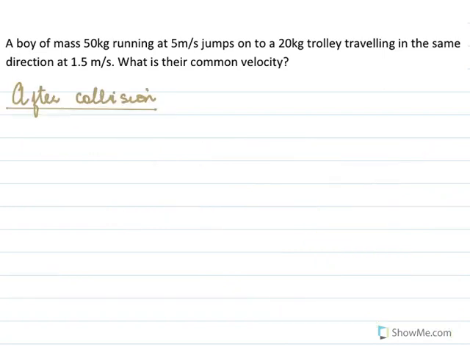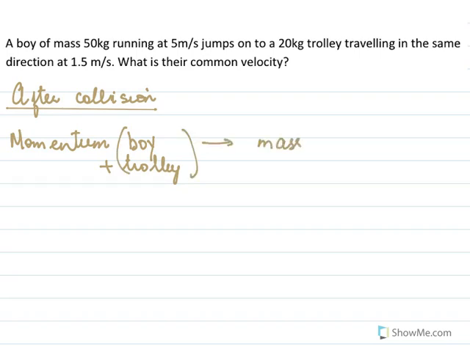Now to calculate momentum after collision, we need to calculate momentum of boy plus the trolley, because the boy and the trolley now move together after collision. So that will be mass into velocity. Now the mass will be mass of the boy, it's 50, plus mass of the trolley, that is 20. Velocity we do not know, that is v. So that is 70 v is momentum after collision.